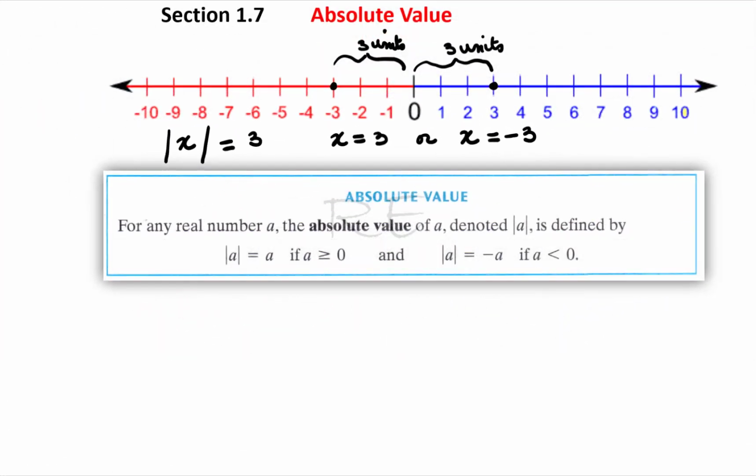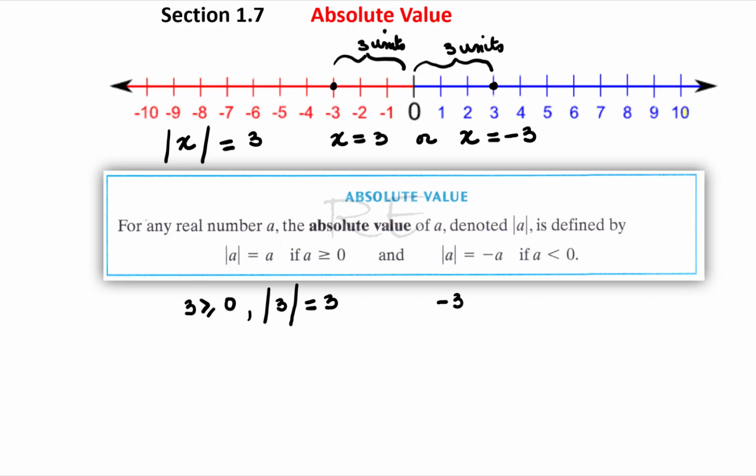The definition says that for any real number a, the absolute value of a is equal to a if a is positive, and the absolute value of a is equal to the opposite of a, negative a, if a is negative.